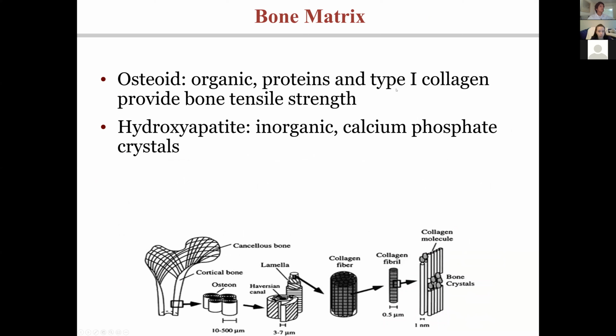Okay. The bone matrix is going to be composed of this crystal of hydroxyapatite, and it's a mixture of both the osteoid and these crystals that provide bone with structure, but at the same time flexibility.